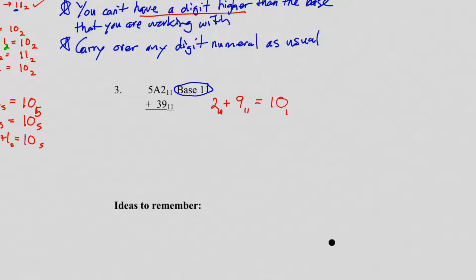Okay? So if you want to see how that looks, there's 10 items right here. That's where the 1 comes from. And this extra that's left over, that's where the other 1 comes from.